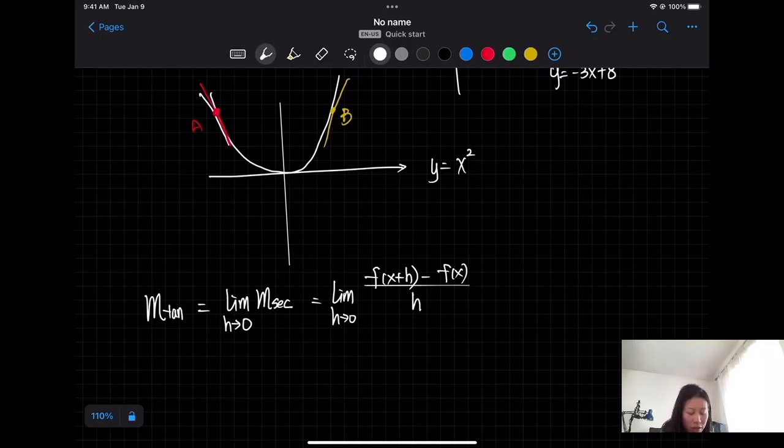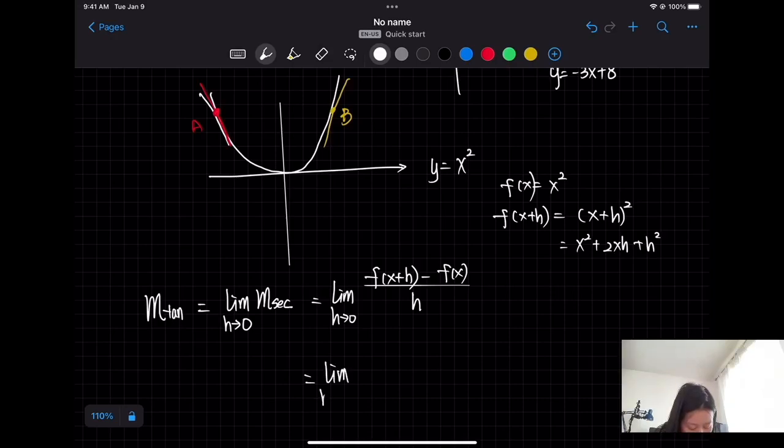We have f(x) equals x squared, and f(x plus h) equals (x plus h) squared. When we simplify, I have x squared plus 2xh plus h squared. So we substitute back in here: as h approaches 0, I have x squared plus 2xh plus h squared minus x squared, over h.